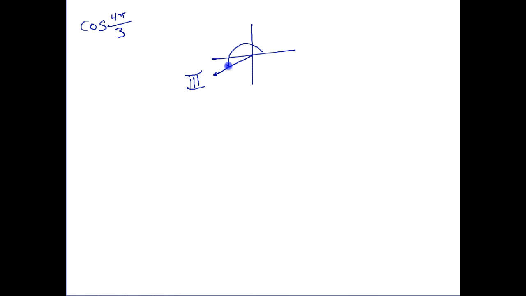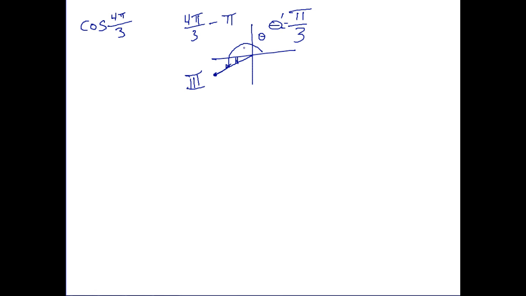And we want to know, what is the reference angle? The reference angle is going to be this angle right here, which, since it's in the third quadrant, we take the angle minus pi. So 4 pi over 3 minus pi, the reference angle is pi over 3. So cosine of 4 pi over 3 is the exact same as cosine of pi over 3, except for the sign.